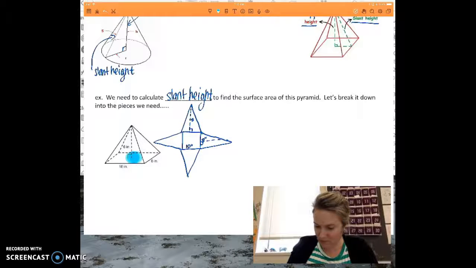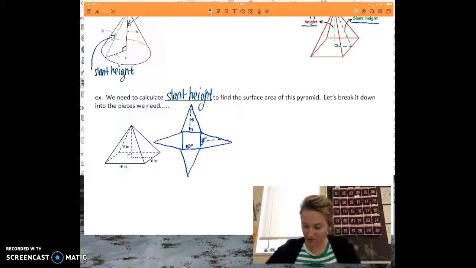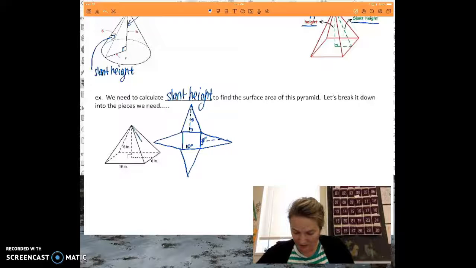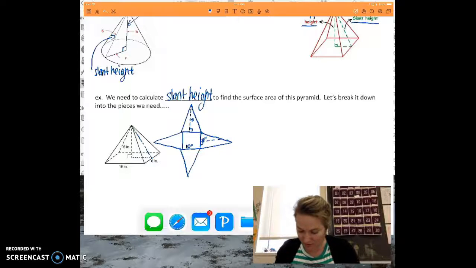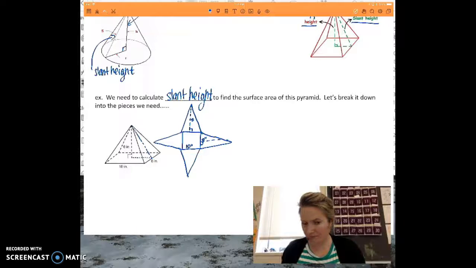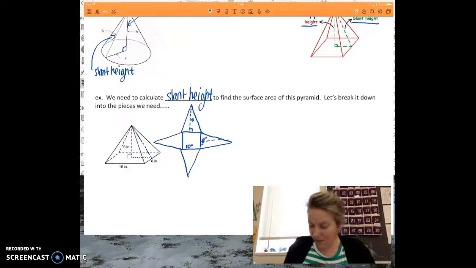If I continue that there, right to the very middle, and I make an imaginary right angle triangle, like that, this is S, and it's going to be the same as that S right there.